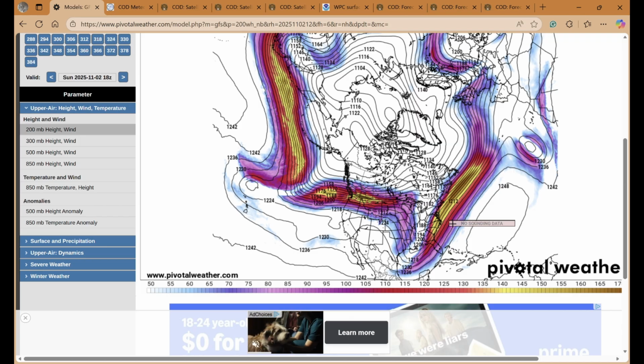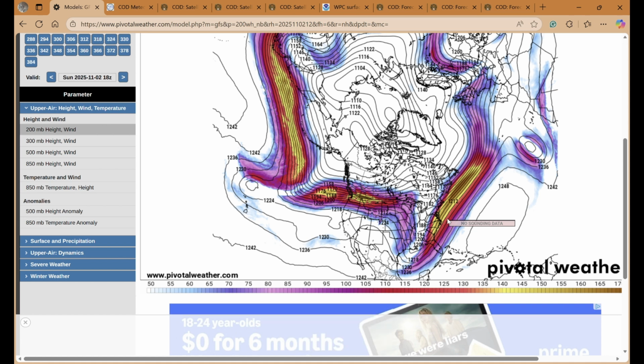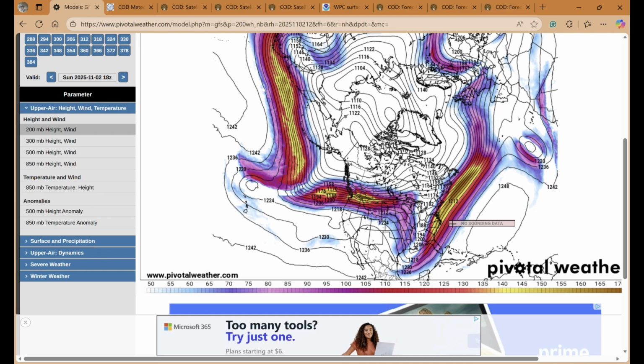This is because we have less friction as you go up in the atmosphere. And QG omega tells us that your vertical velocity is related to your differential vorticity advection, aka how your vorticity advection changes with height. If you have winds increasing with height, that means whatever vorticity, aka spin induced by the wind, is going to increase with height.